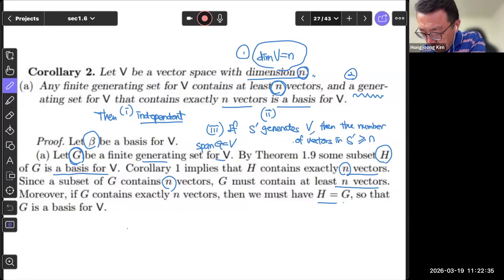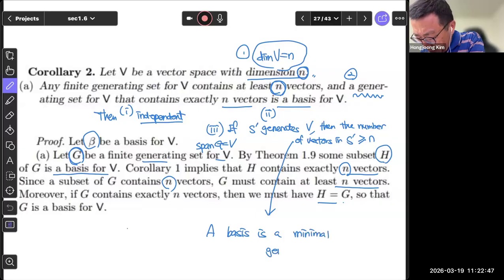So, as I said, a basis is a minimal generating set.